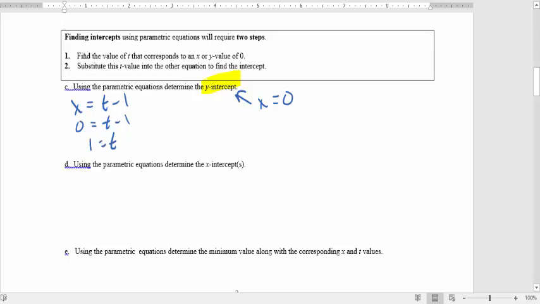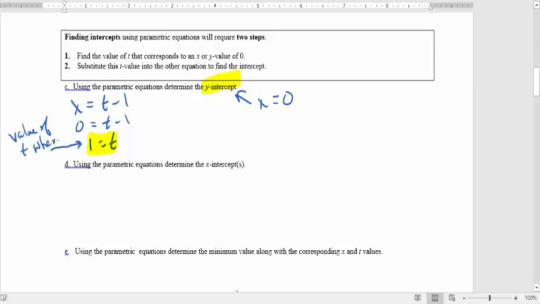So t equals 1. Now the problem is this is not the y-intercept. This is the value of t when the y-intercept occurs.